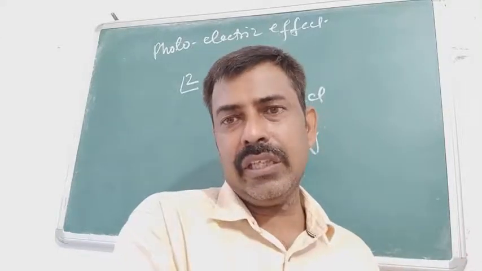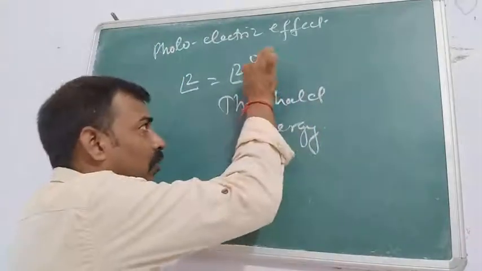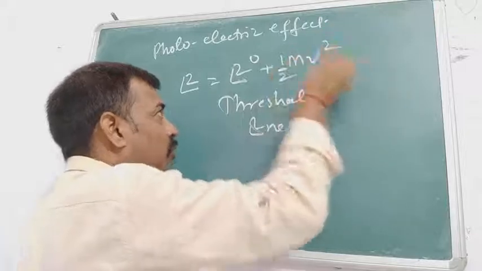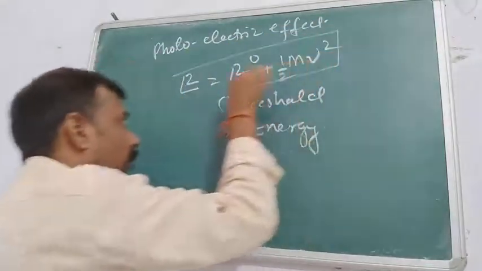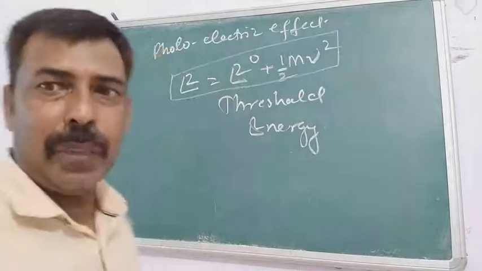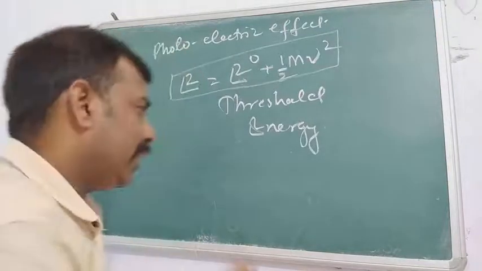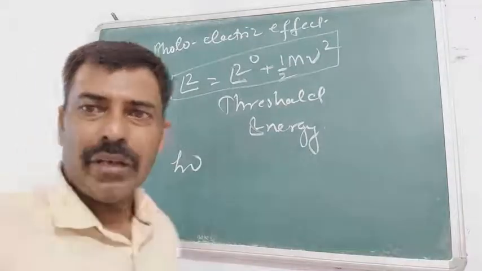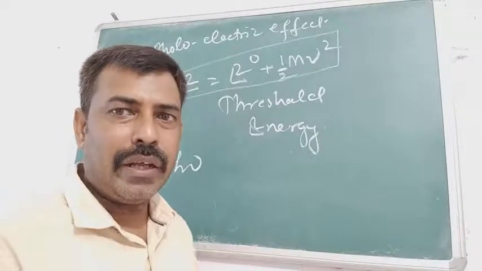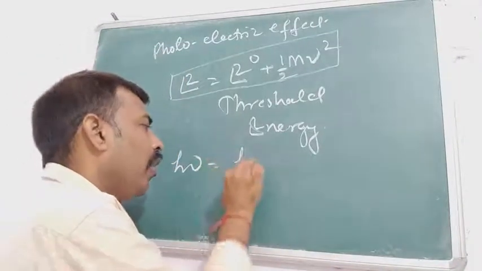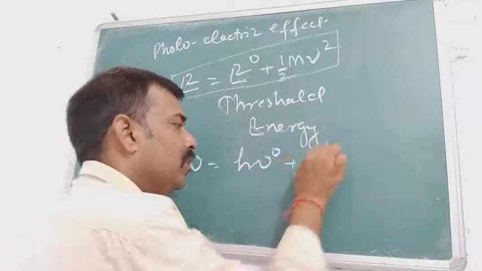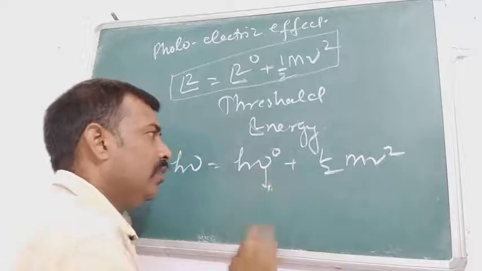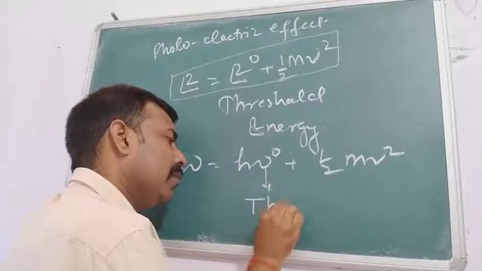And so in this case, the remaining energy will survive in the form of kinetic energy, half mv square, and this is the equation for the photoelectric effect. You can also write it in the form of h nu, because you know well that E equal to h nu, so you can write h nu equal to h nu naught plus half mv square, where nu naught is threshold frequency.